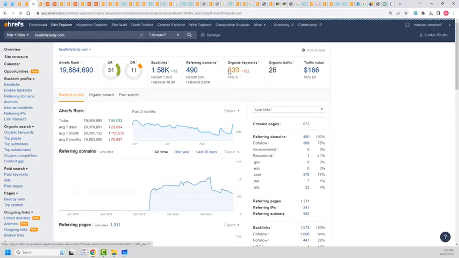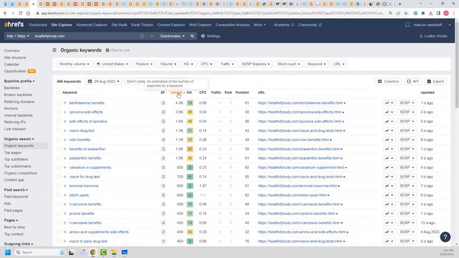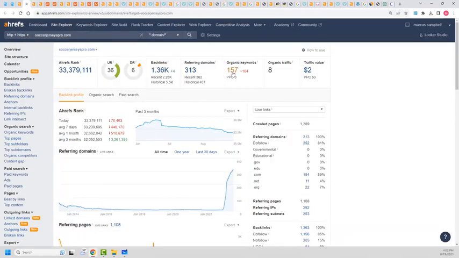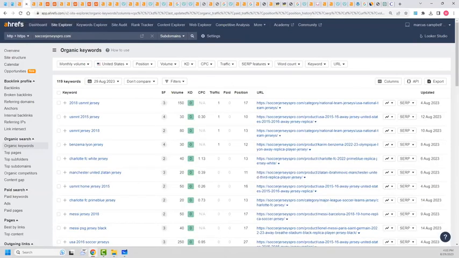So Healthify body, that's got a lot of rankings. Okay. Little worried about going into the health market, but it's okay. I mean, Healthify body, that's probably sellable. I would definitely check it for a trademark, just to be sure.